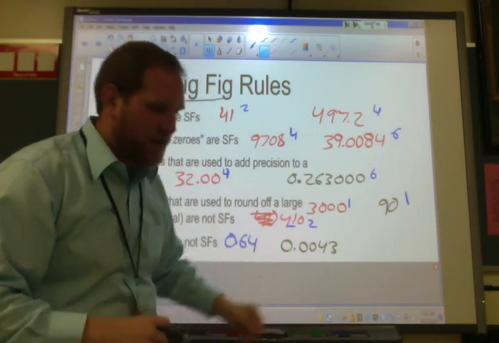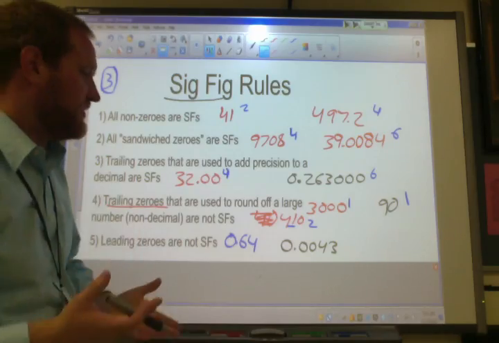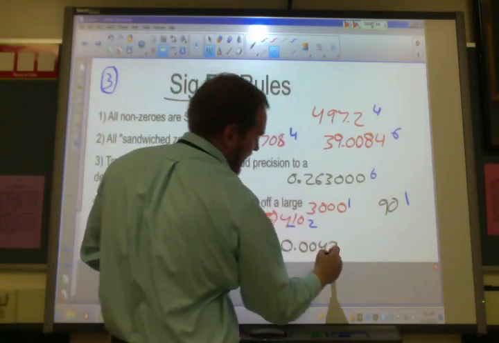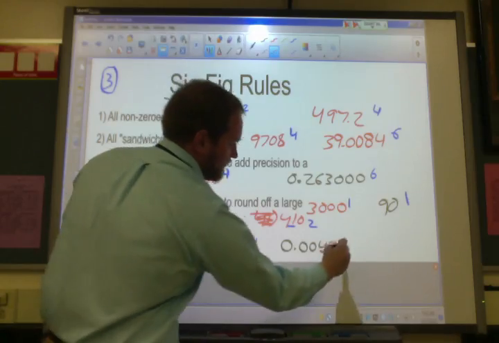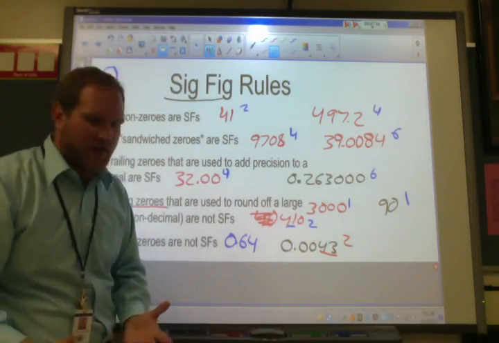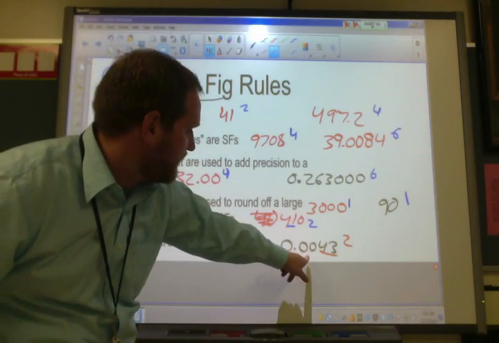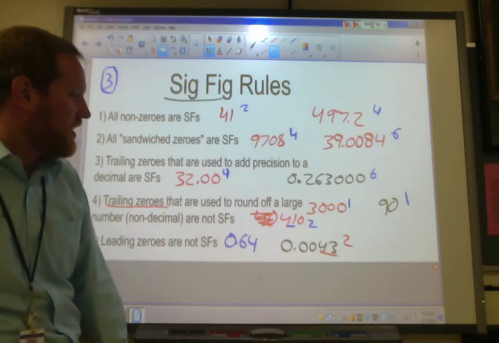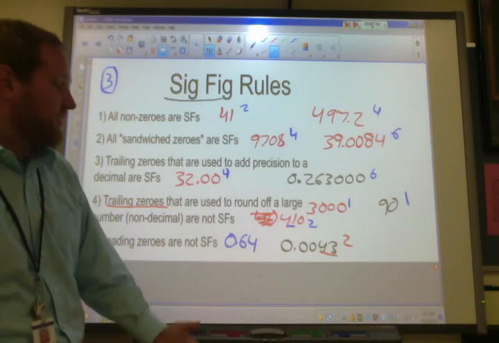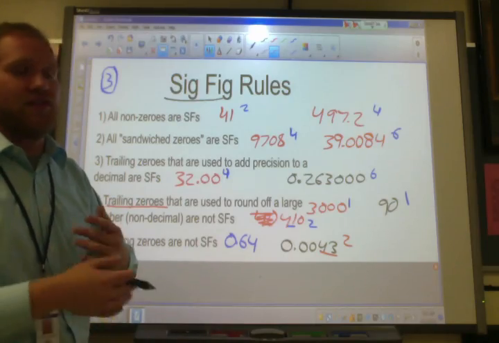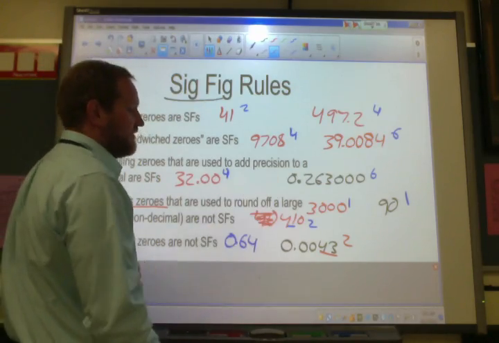And all these do is tell us where we're starting from. They're placeholders. So this one only has 2 sig figs. Another way you could look at this is if you were to put that number in scientific notation by kind of moving that decimal point 3 times to the right, you would just say 4.3 times 10 to the negative third. So you can see then it also has just the 2 sig figs.